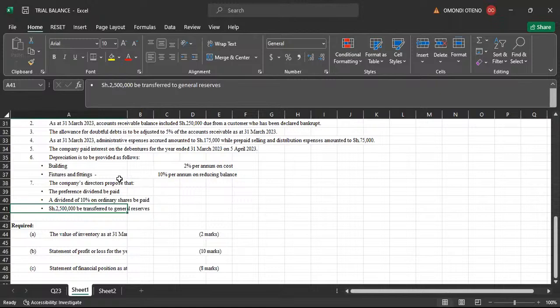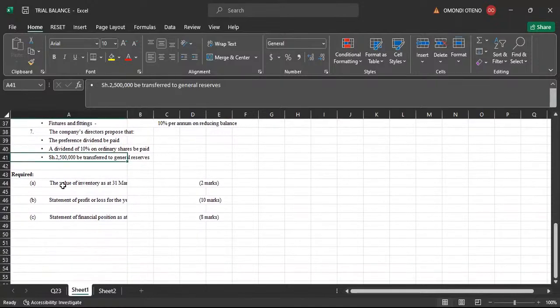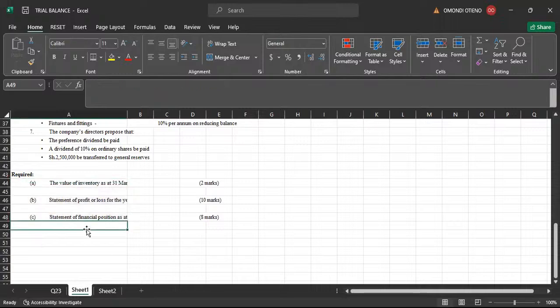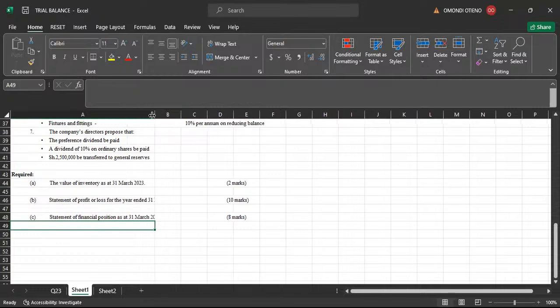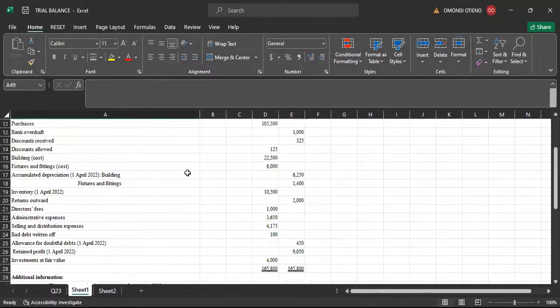So by just analyzing that, I think we are now ready to move with speed and calculate these 2 or 3 items required. That is the value of inventory, and then statement of profit or loss for the year ended 31st of March 2023.